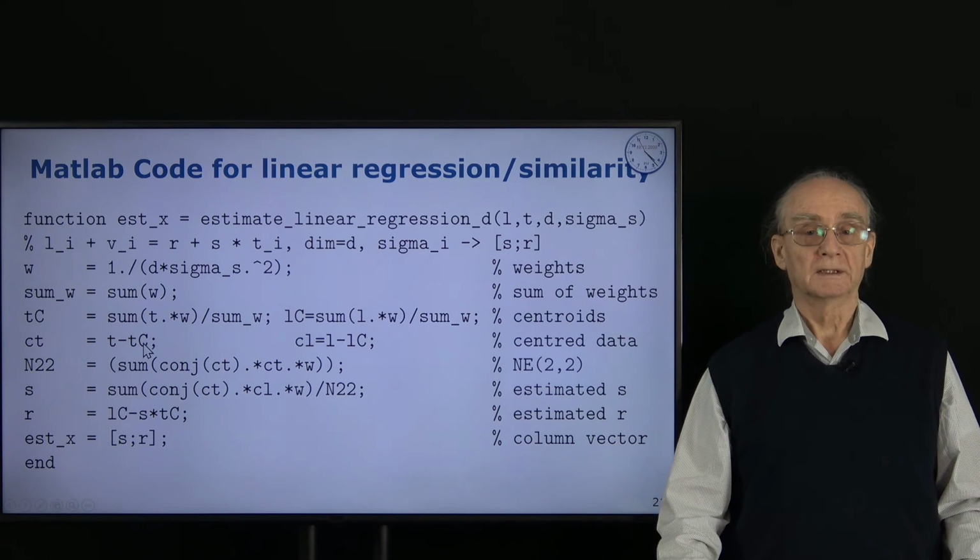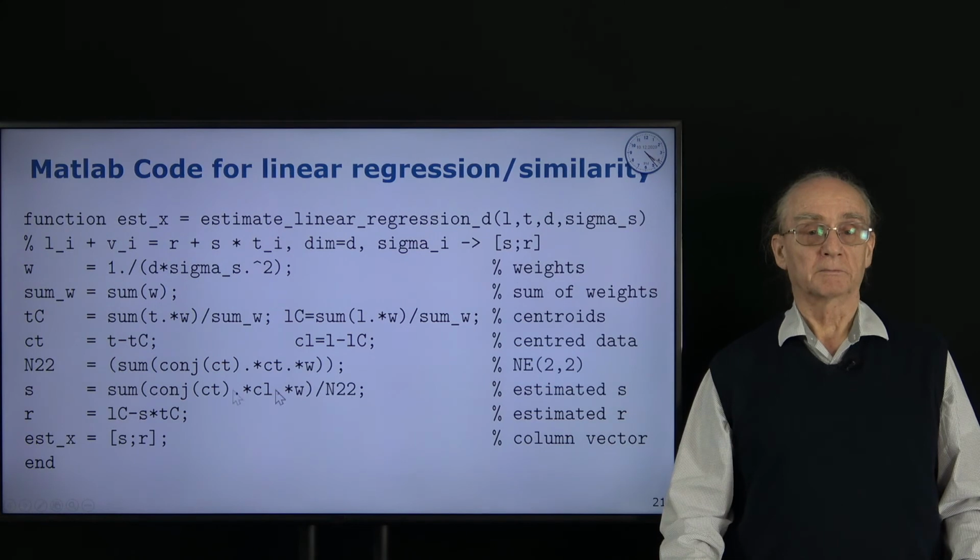This is allowed. And then we take the 2 element, which refers to the scale or the scaled rotation, which is nothing else than, and now you see here, the conjugate of the centered coordinates t multiplied with ct, element-wise, and element-wise with v. We sum up, and we get the estimate for s.